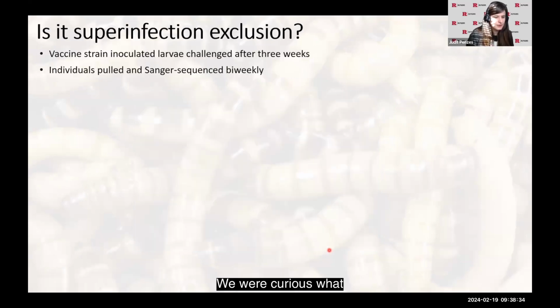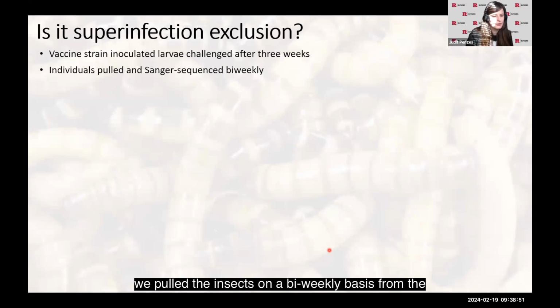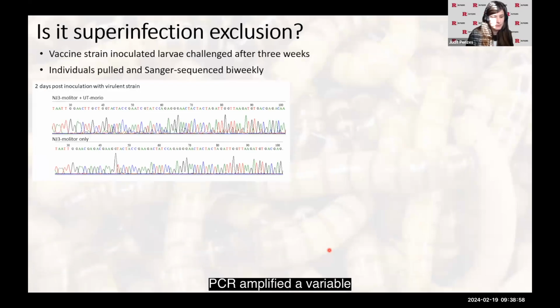We were curious what could be the mechanism behind this cross protection, and we first suspected superinfection exclusion. So in order to test that, we pulled insects on a biweekly basis from the experiment following the double challenge, and PCR amplified a variable fraction of this genome and Sanger sequenced it.